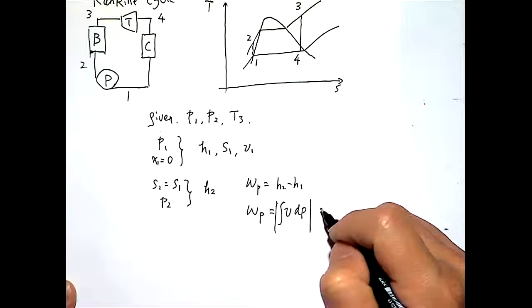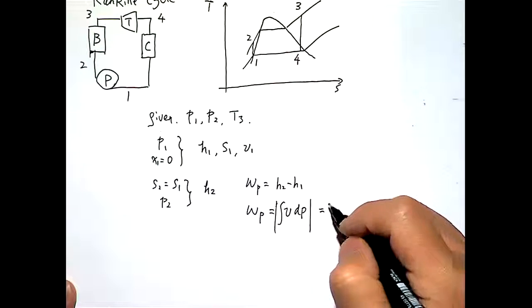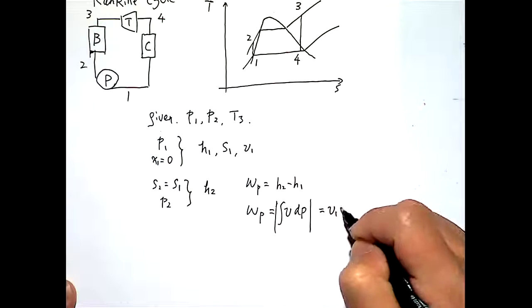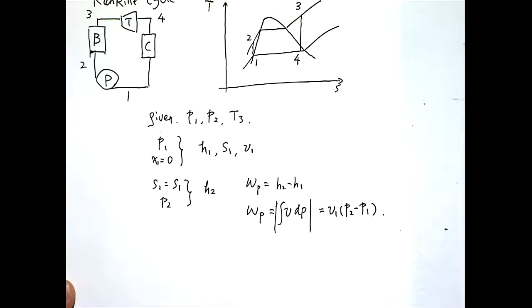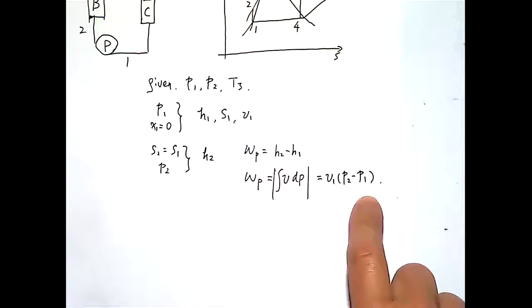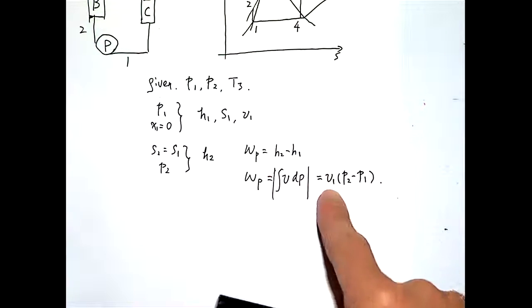So in this case, because we're dealing with liquid going through the pump, the specific volume of liquid water as a function of pressure is a very weak function of pressure. Essentially, you can consider that one a constant. Then you can just write V1 times the pressure change, P2 minus P1. Right. So that's actually a more common way to calculate the pumping work.